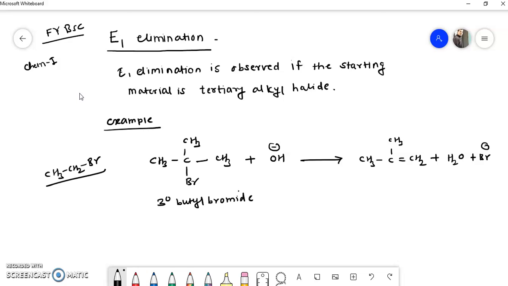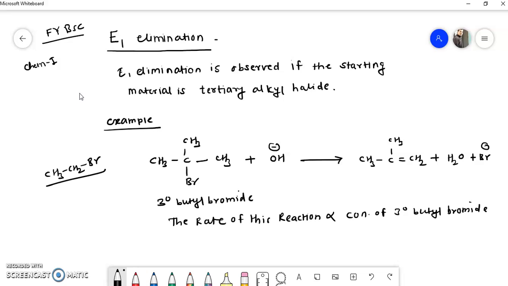If we consider this reaction, then it is observed that the rate of this reaction is proportional to only the concentration of tertiary butyl bromide.